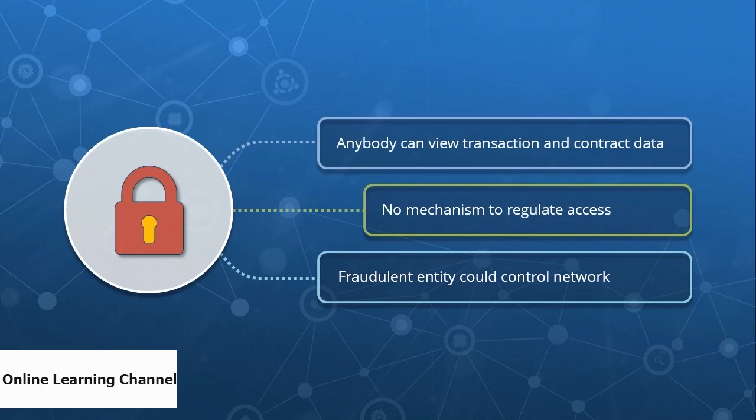If these entities were to get together, then it is possible for them to effectively take over the network and then issue and verify their own fraudulent transactions. So it is these concerns around scaling, resource utilization, and security and confidentiality which have prevented the widespread adoption of Ethereum and other public blockchain networks.